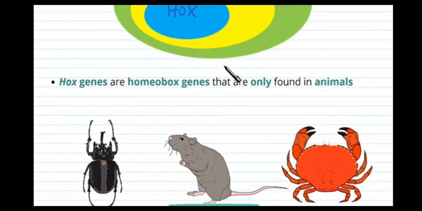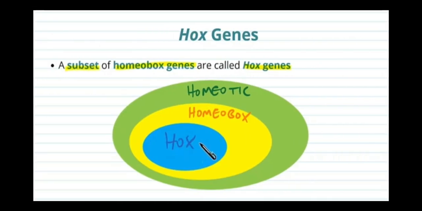So these Hox genes are responsible for giving instructions for the structural organization of the body. So what are Hox genes? We can say that Hox genes are a subset of homeobox genes.